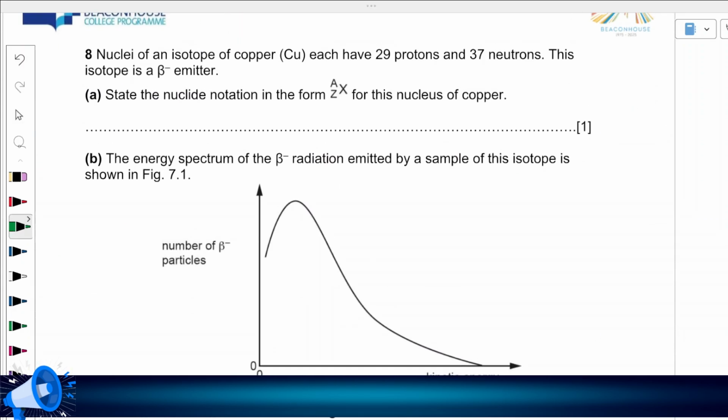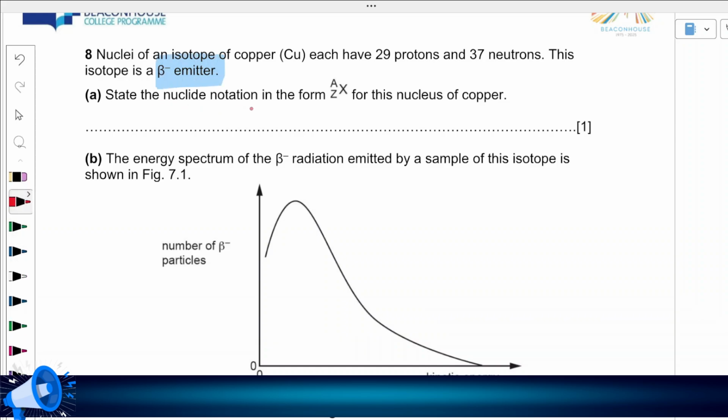So now, for the next question, here we have nuclei of the isotope copper, each having 29 protons, and they emit beta negative particles. All right, fair enough.